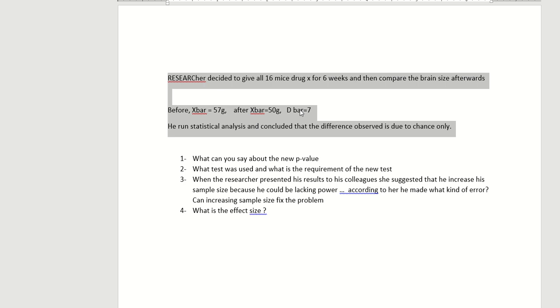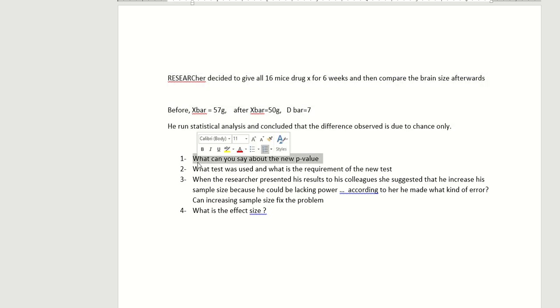So you actually have two groups. However, since they are the same mice, these are paired, and you're interested in a numerical outcome, which is the size of the brain. So it should be clear that you're going to be using the paired t-test. Okay? All right, so using the paired t-test, the question is, what can you say about the p-value?